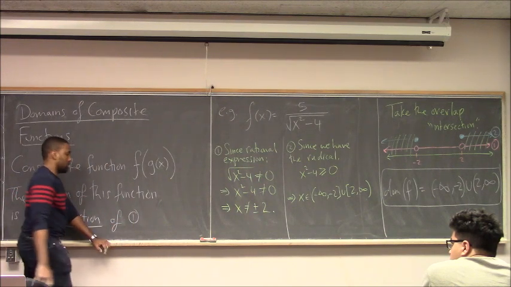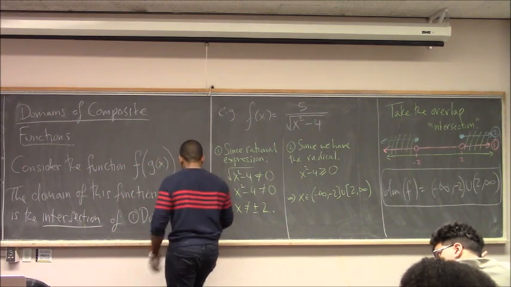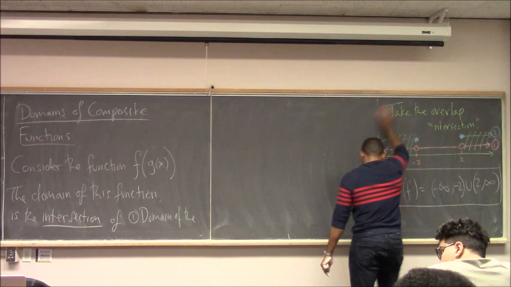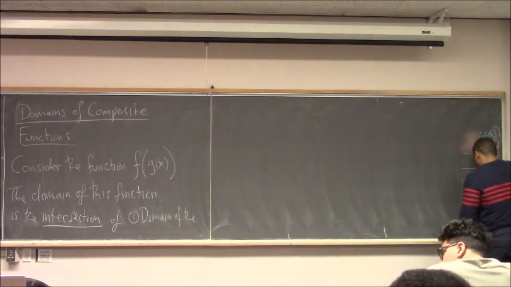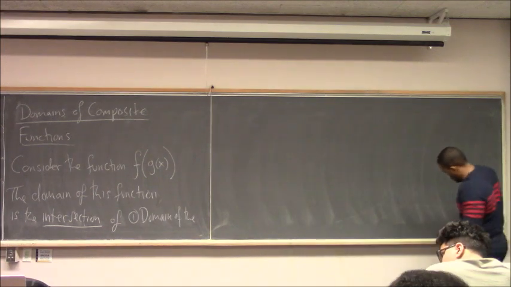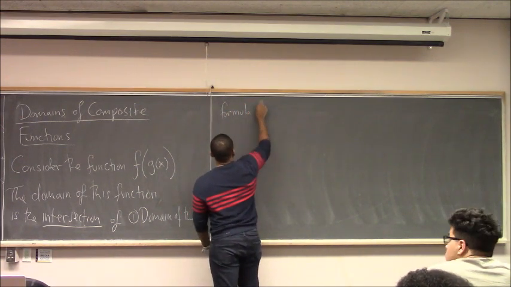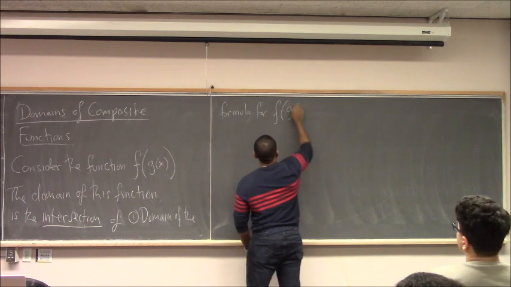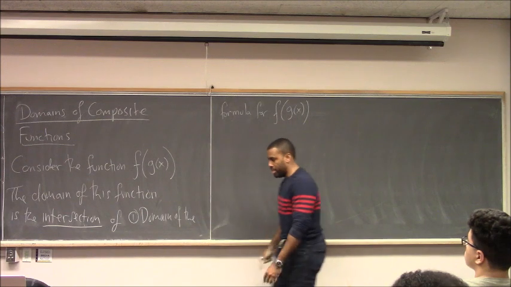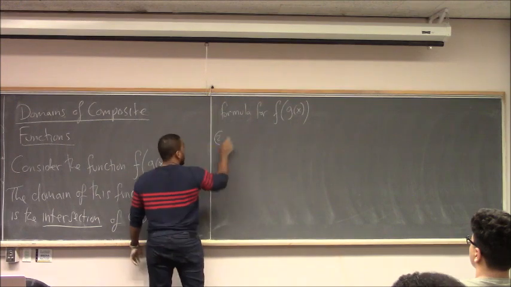All right, so there's an overlap that you have to worry about of two things. One, the domain of the actual formula for this function, which should be obvious, but people often forget the second part, right?